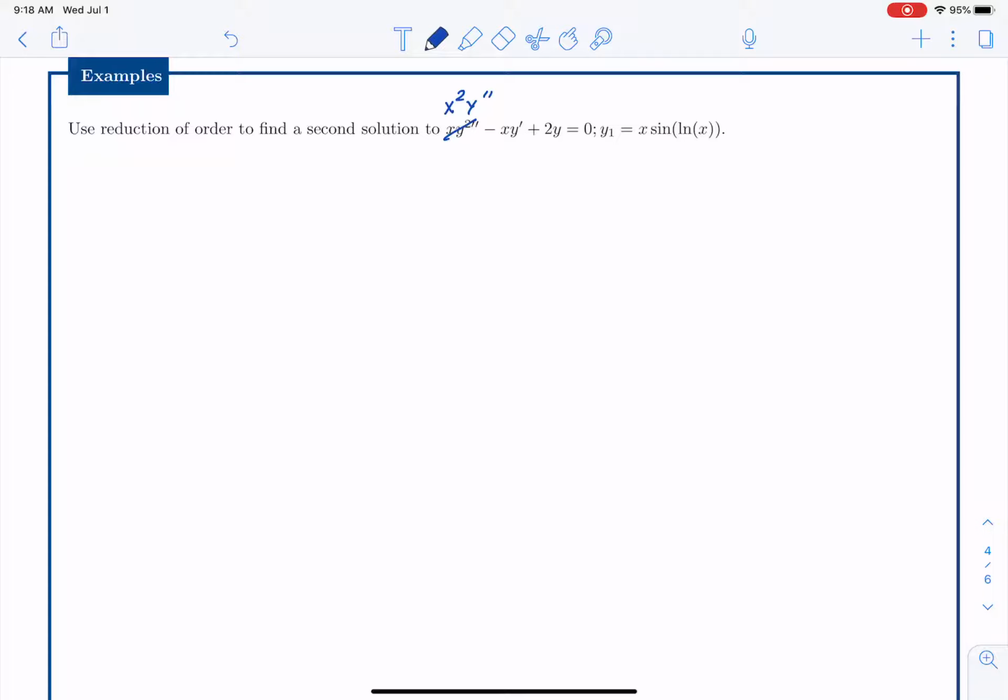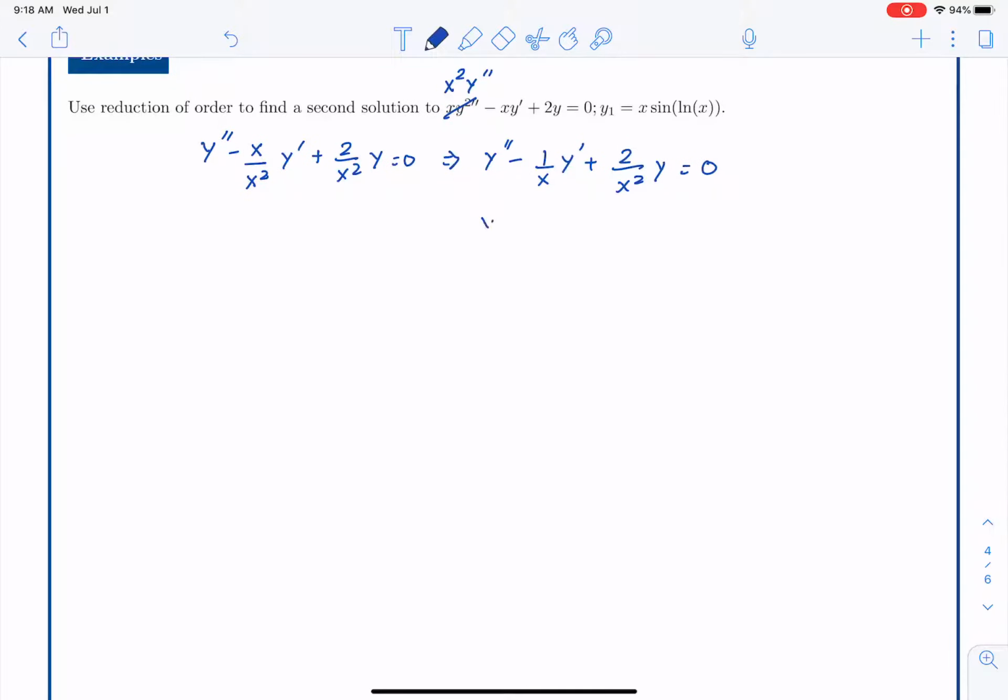So the first thing is to divide the equation by x squared on both sides. So y double prime minus x over x squared y prime plus 2 over x squared y equals 0, which would imply y double prime minus 1 over x y prime plus 2 over x squared y equals 0.